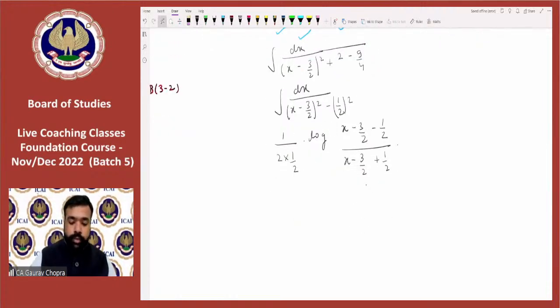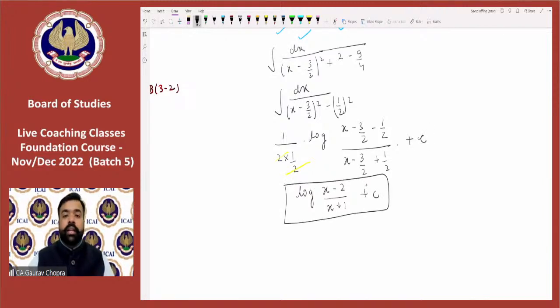Then we can cancel. 2 and 2 are getting cancelled. So what is left? We are left with log of (x minus 2) divided by (x plus 1). And at last we can add the constant, that is c.